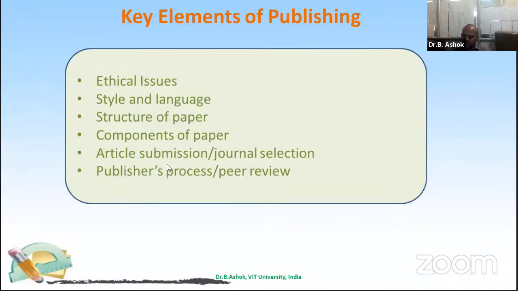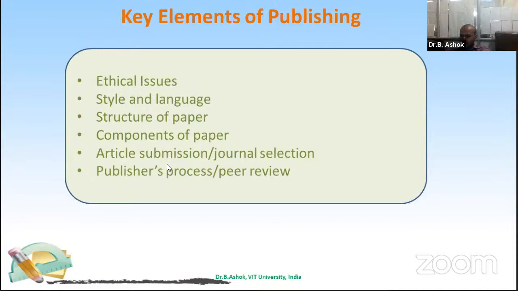So what are the key elements in publishing? What are the key factors which need to be considered while publishing? The very first one is the ethical issue. We need to follow proper ethics. The research should be our own. It should not be a copied version or an extended version of others' work.